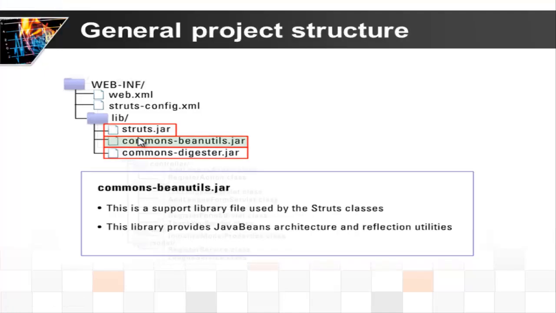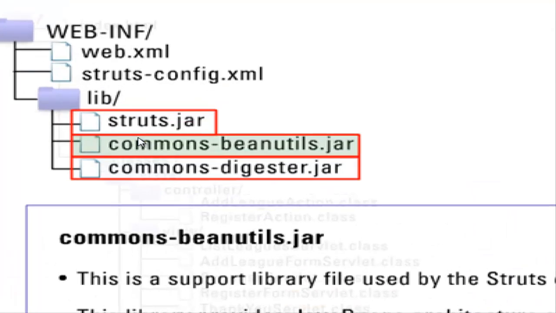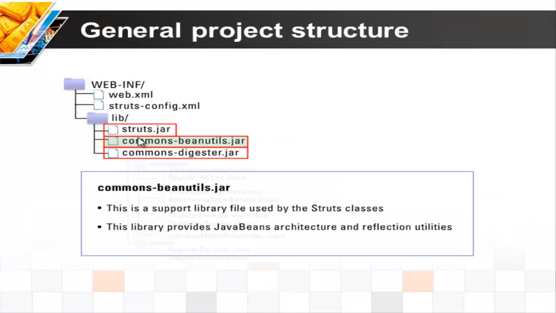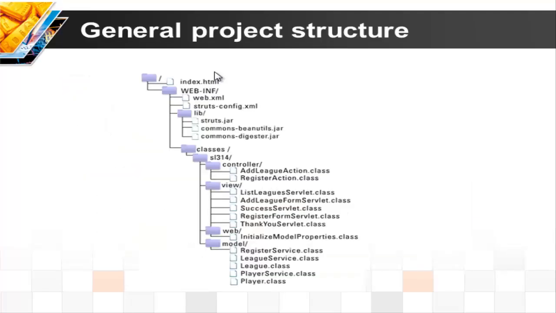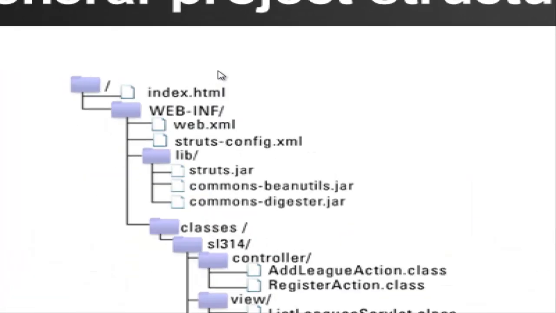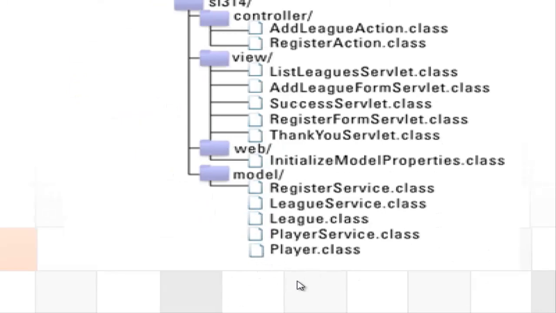The next one is bean utilities. This helps you to interact with the Java beans that you are creating. Now I will go back a bit. You are going to create some model here, or some additional classes over here. Most of them will be beans.